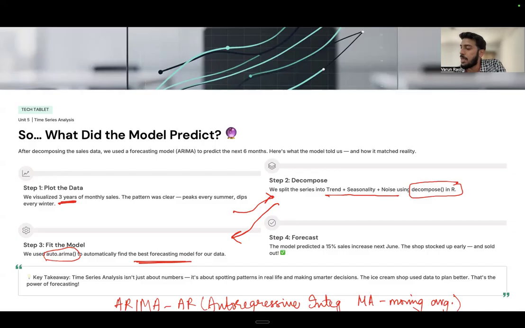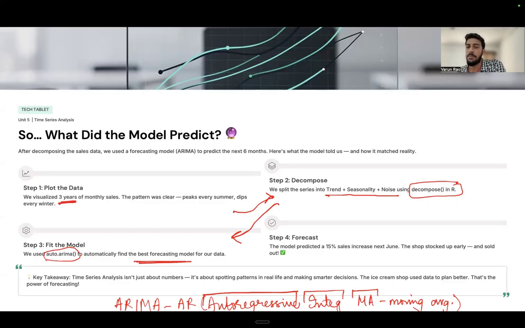So ARIMA in this case means auto-regressive integrated moving average, right? Auto-regressive is understood. Then you have integrated, which basically tries to difference your data X number of times based on the data set. And then finally, the moving average of the data points is calculated.